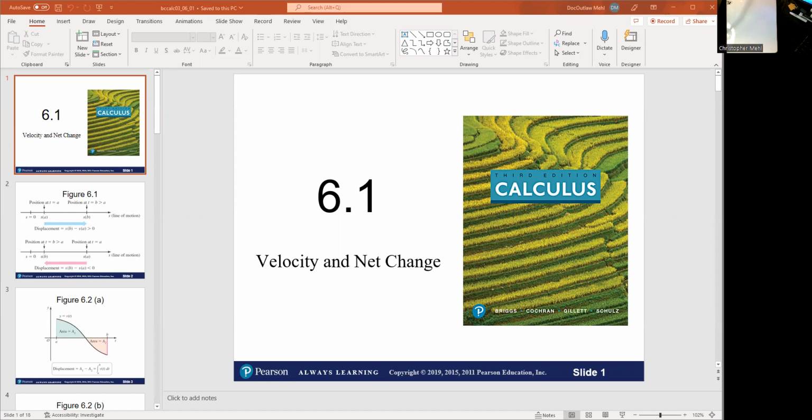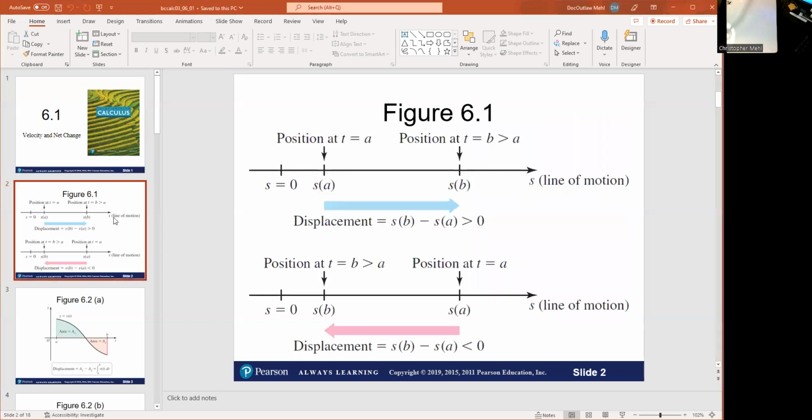All right. So one of the reasons these types of things seem like natural applications of calculus is because, well, they kind of are. They really are what prompted the development of calculus in the first place. So let's look at velocity and net change in this first section of chapter 6, 6.1.